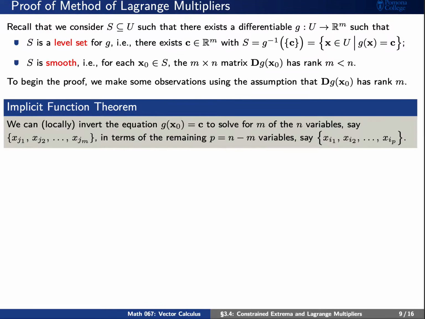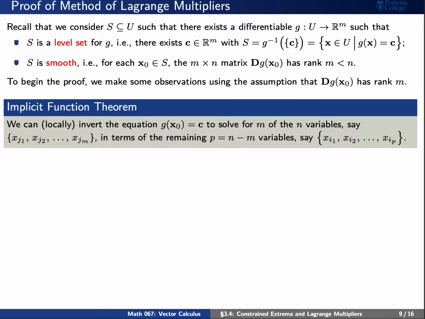There's something called the implicit function theorem. This basically says if you have a function mapping from some subset U of R^n to R^m, and if you want to set g of x equals a constant c, then you can actually solve for m of the n variables.